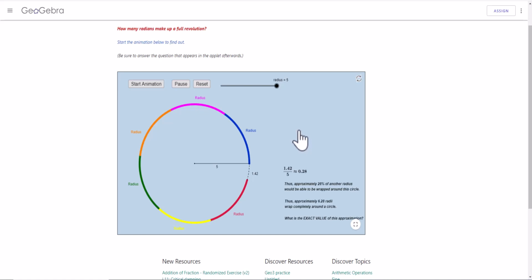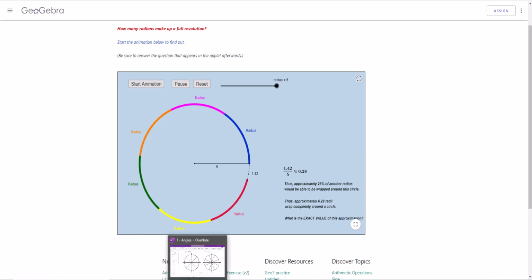That is the formula for the circumference. If you took the radius of your circle and multiplied it by 6.28 or 2 pi, that's going to tell you the distance around the circle, right? So radians are segments of the radius that we use to measure the distance around the circle. So that's what a radian is.